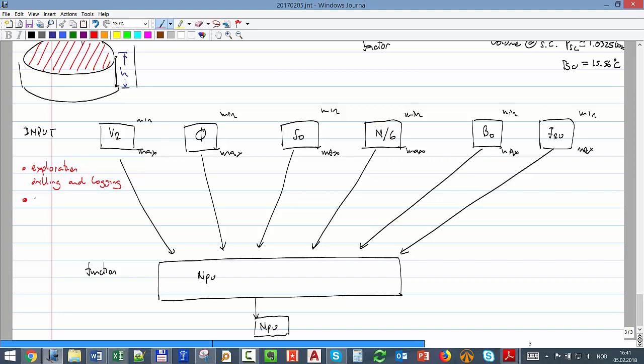Okay, so here also the regional geology is playing a role.